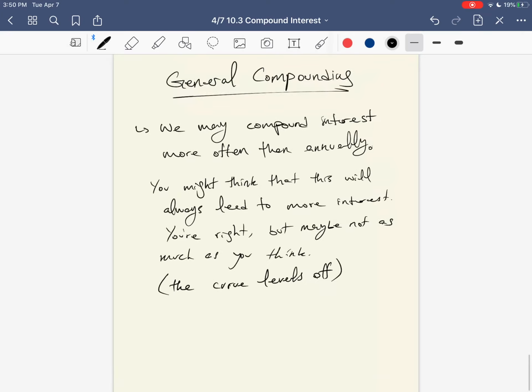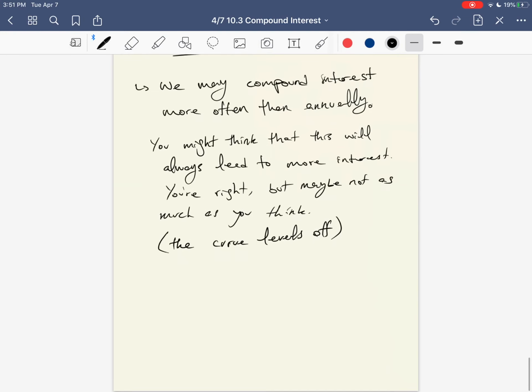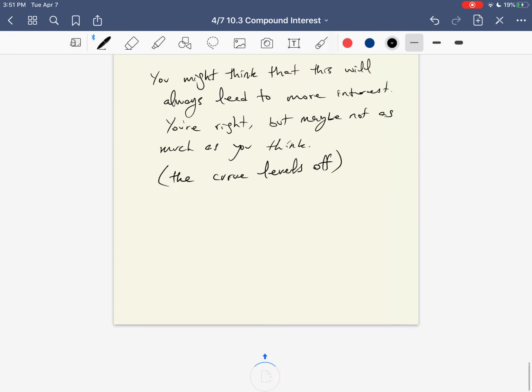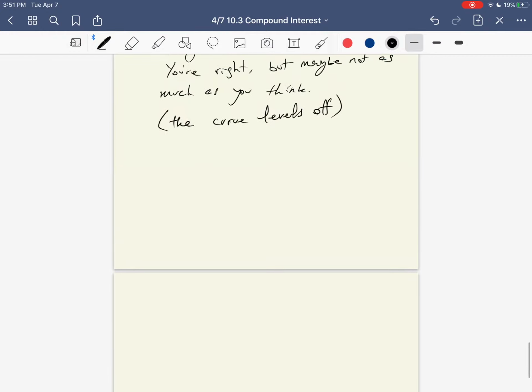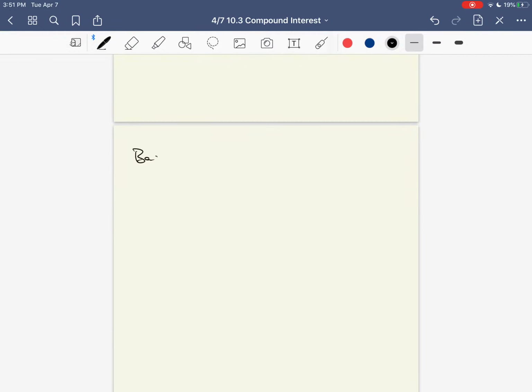So let's go back to our $1,500 certificate of deposit. Back to our $1,500 CD example. So now, what if instead of being compounded annually, your interest was compounded quarterly?